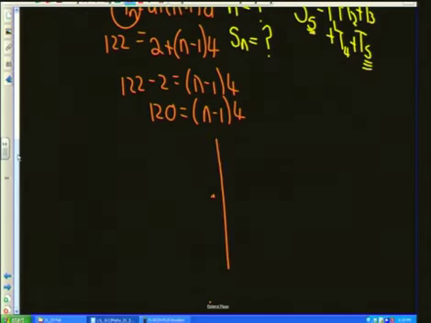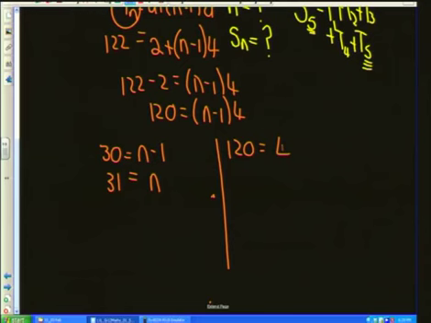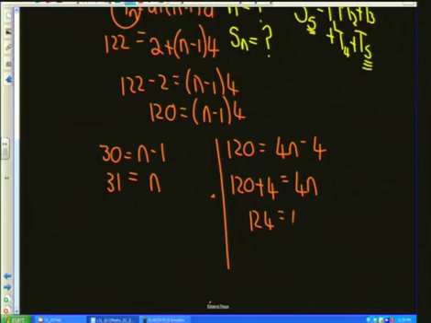So 4 into 120 goes 30 times, equals n minus 1. So n is equal to 31. The other way is to say, well, this is 120 equals 4n minus 4, which means we have 120 plus 4 equals 4n, which means we have 124 equals 4n, which means we can divide both sides by 4, and that's going to give me 31 is equal to n.